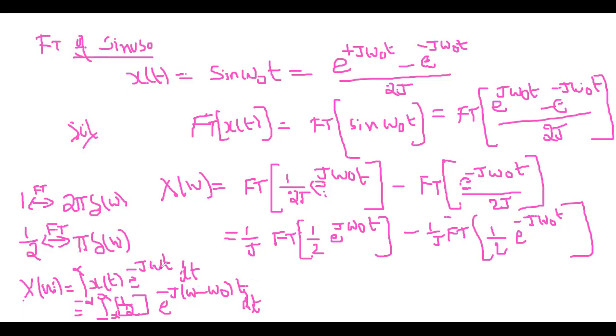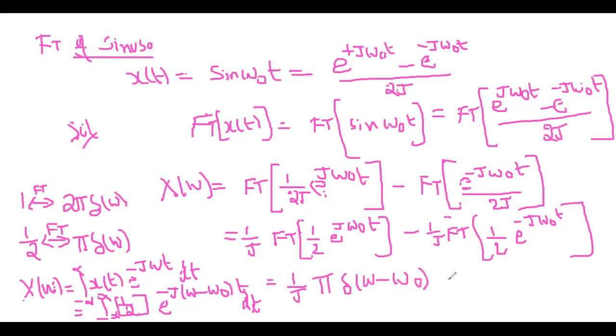In terms of omega, it is omega minus omega naught. So the Fourier transformation of 1 by 2 e power j omega naught t is 1 by j into pi delta of omega minus omega naught.